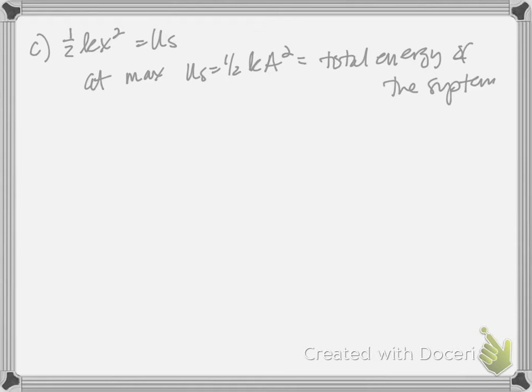We also know that the total energy of the system is equal to 1/2 m v max squared, when the velocity is at a max. Our key here is that we have v max, and we just solved for it.